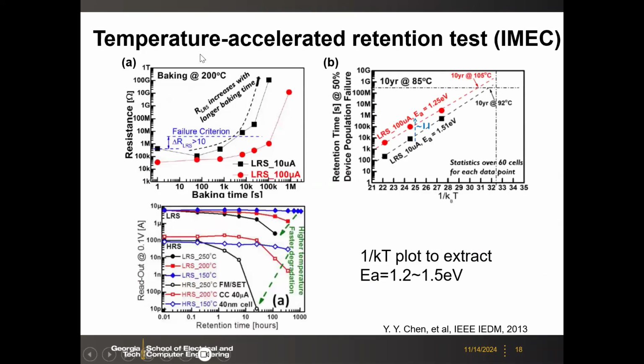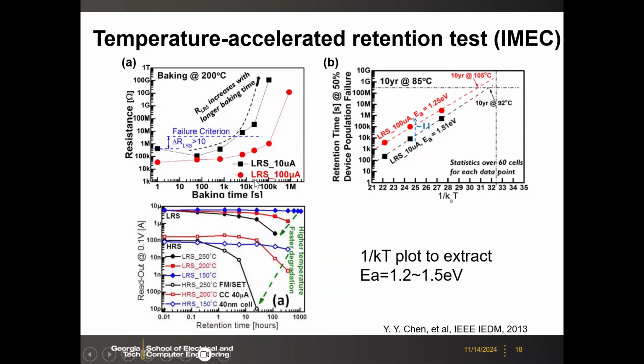And also the retention. This is a standard way, or better way, to do the retention as we discussed. You have to change the temperature, right? At the same temperature, for example 200C, you are going to monitor the resistance as a function of your baking time. Here there are two conditions. Let's say LRS 100 microamps, which means the compliance current is 100 microamps.